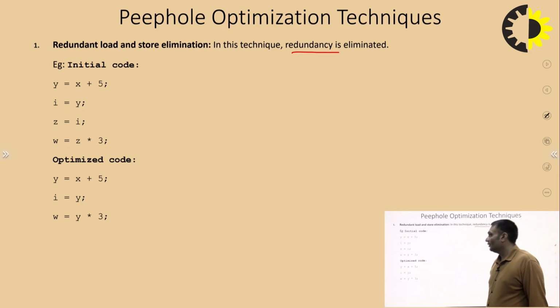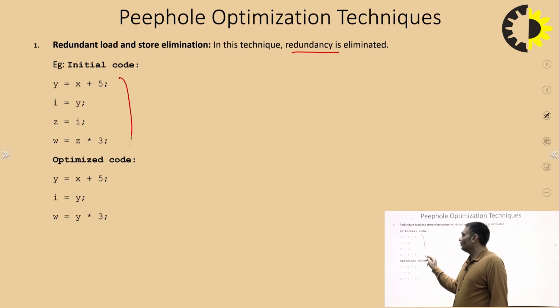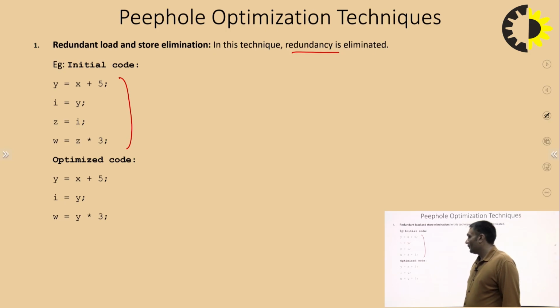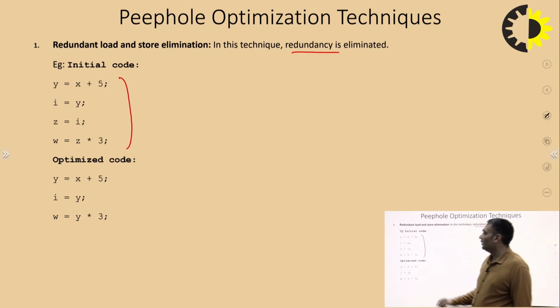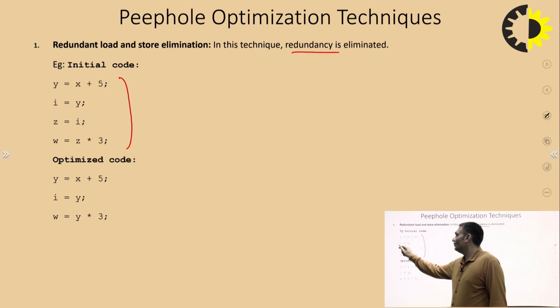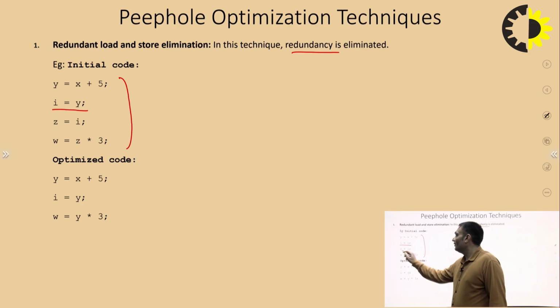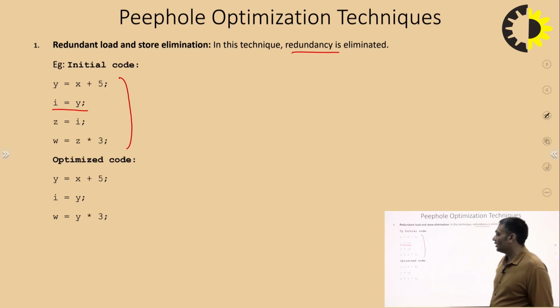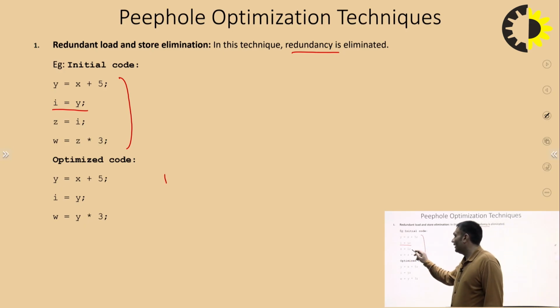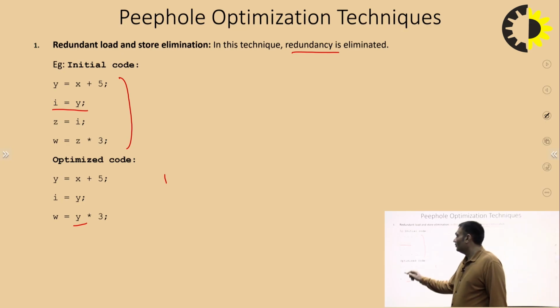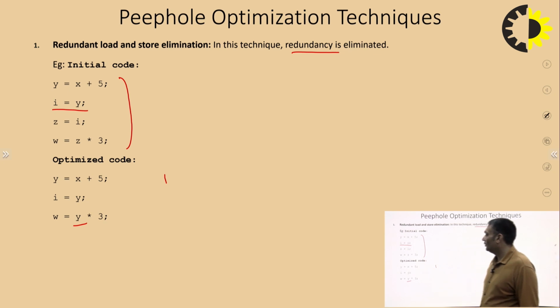For example, if I'm writing code y equals x plus y, I equals y and z equals I. In this code, the value of I is assigned to y and the value of I is assigned to z. So why are we not referring directly to y? With y equals x plus y, I equals y, z equals I, I can directly refer to y.